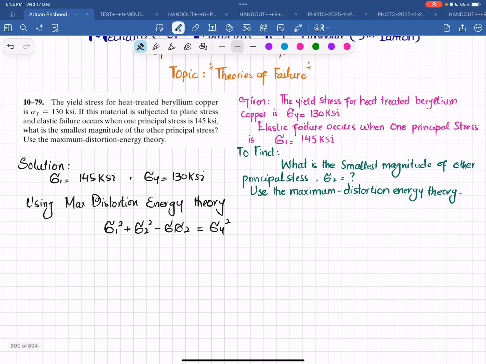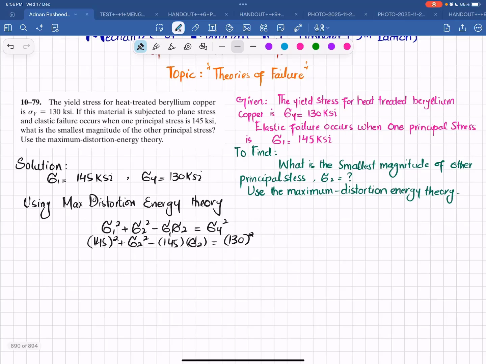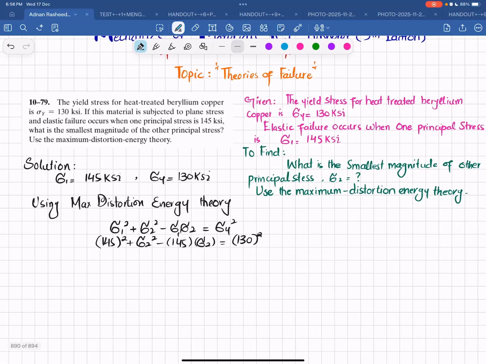So we have been given sigma 1, which is 145, so 145 square, plus sigma 2 square, which is not known, minus 145 into sigma 2, and that is equal to 130 square.